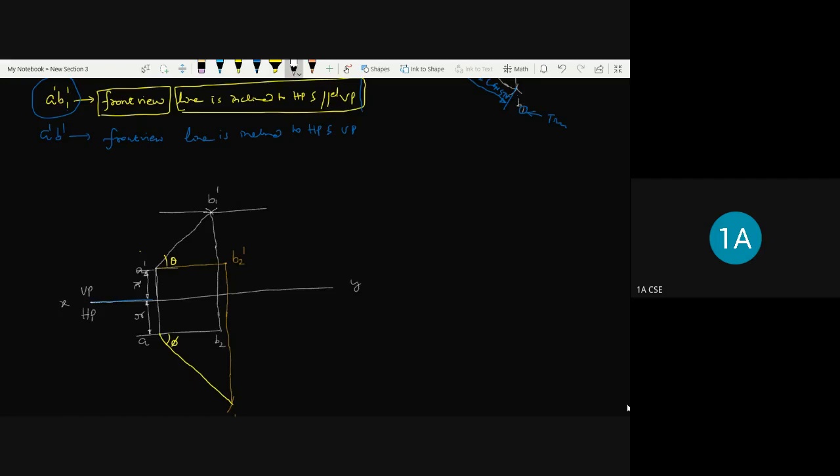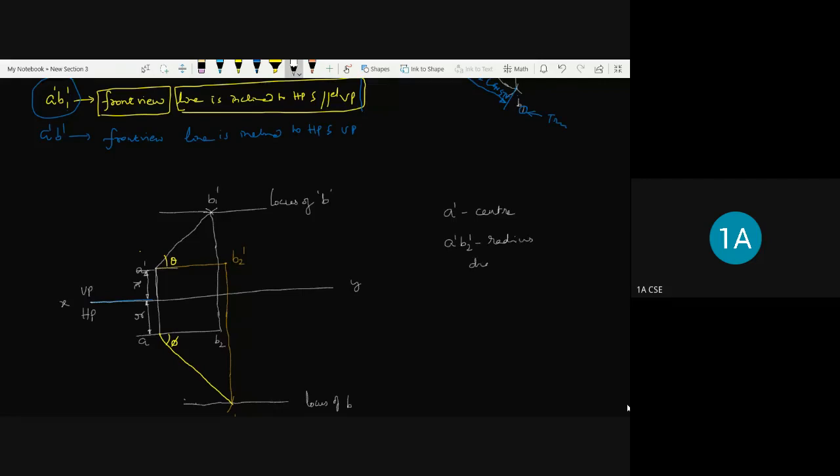And the locus line from B1. This is the locus of B. Similarly, this is the locus of B. So what I'm doing is I'm taking here A dash as the center, and A dash B2 dash as the radius.